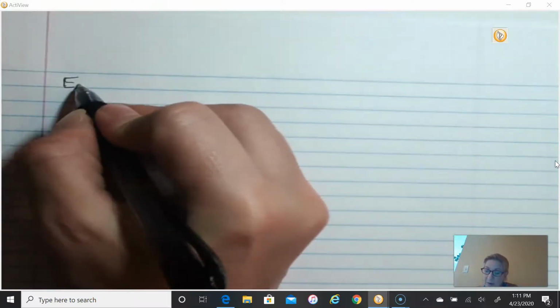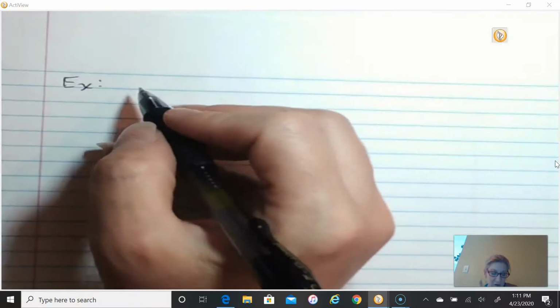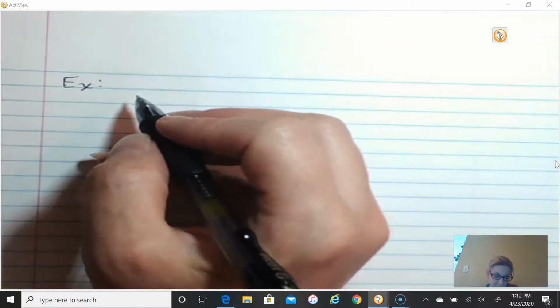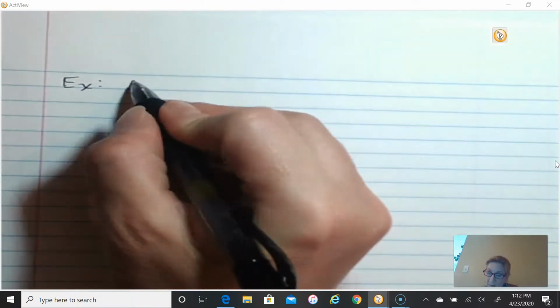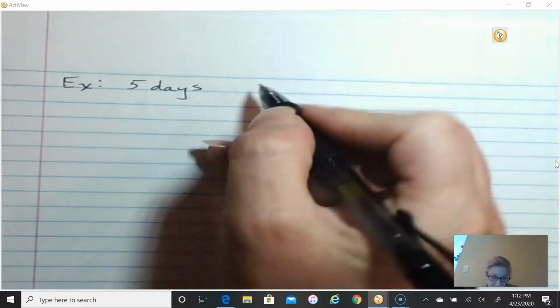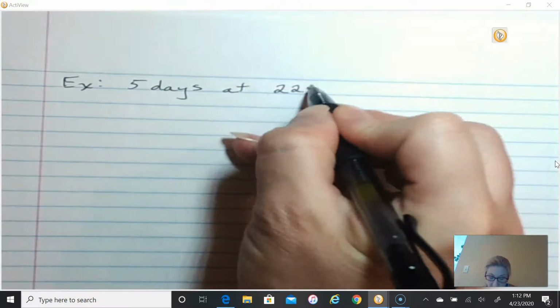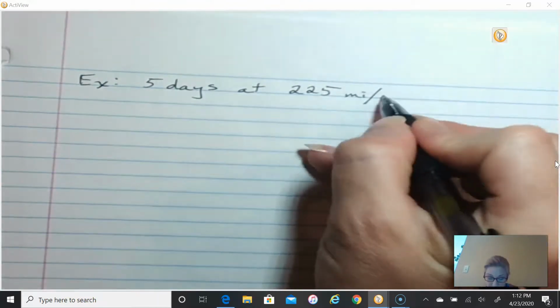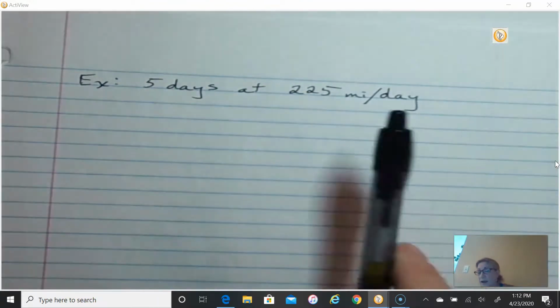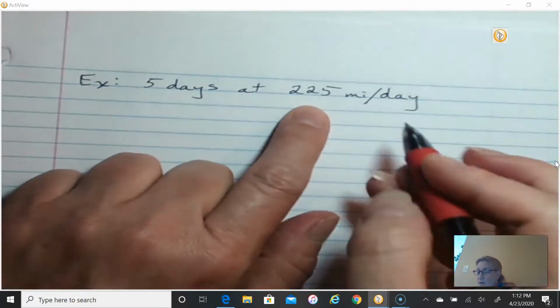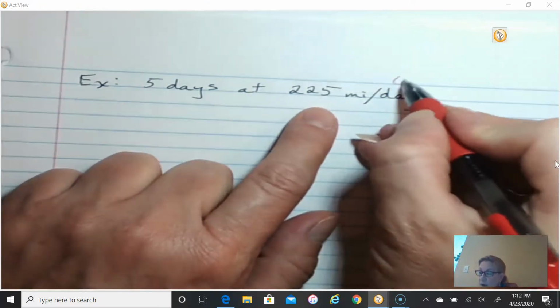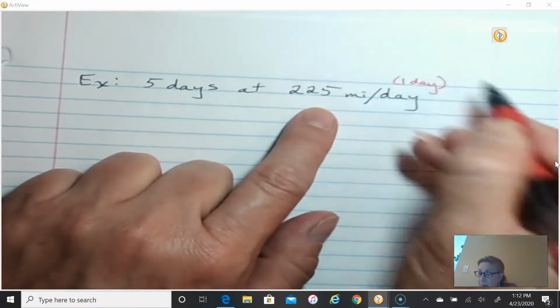Okay, how about if I have another example? Again, this is distance. This is trying to find the distance traveled in the time given. 5 days at 225 miles per day. Okay, that's 225 miles for 1 day.